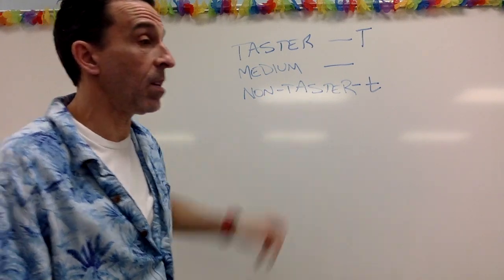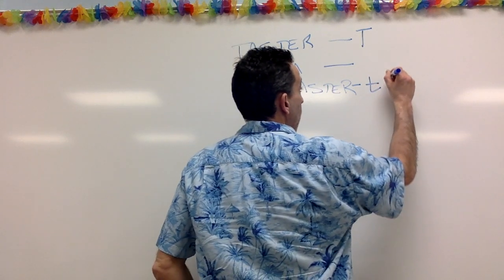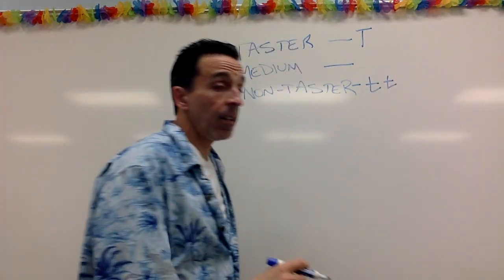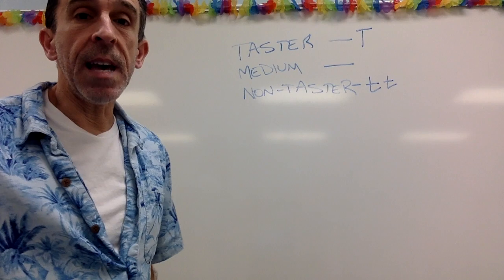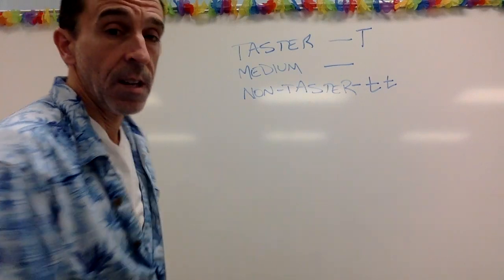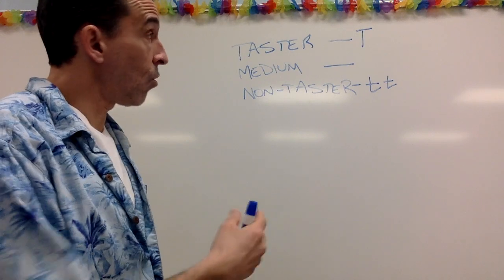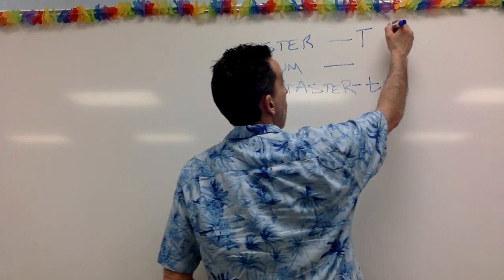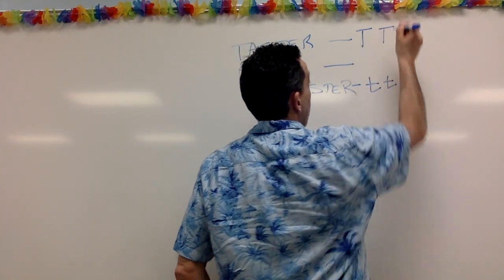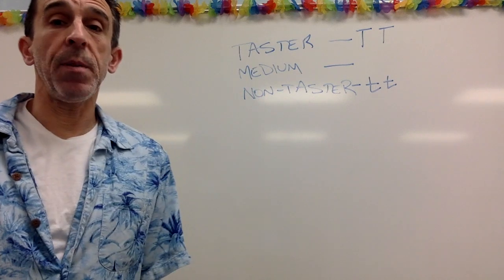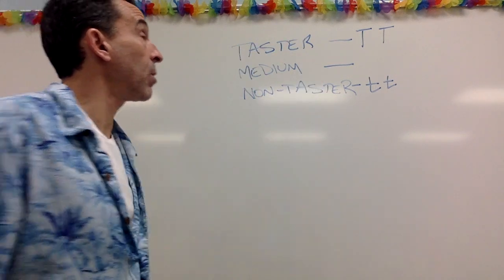Both alleles have to be the same. So therefore, little t, little t is going to be how we express that particular trait. Now, the super taster is going to be homozygous as well, and that is expressed as a capital T and a capital T.